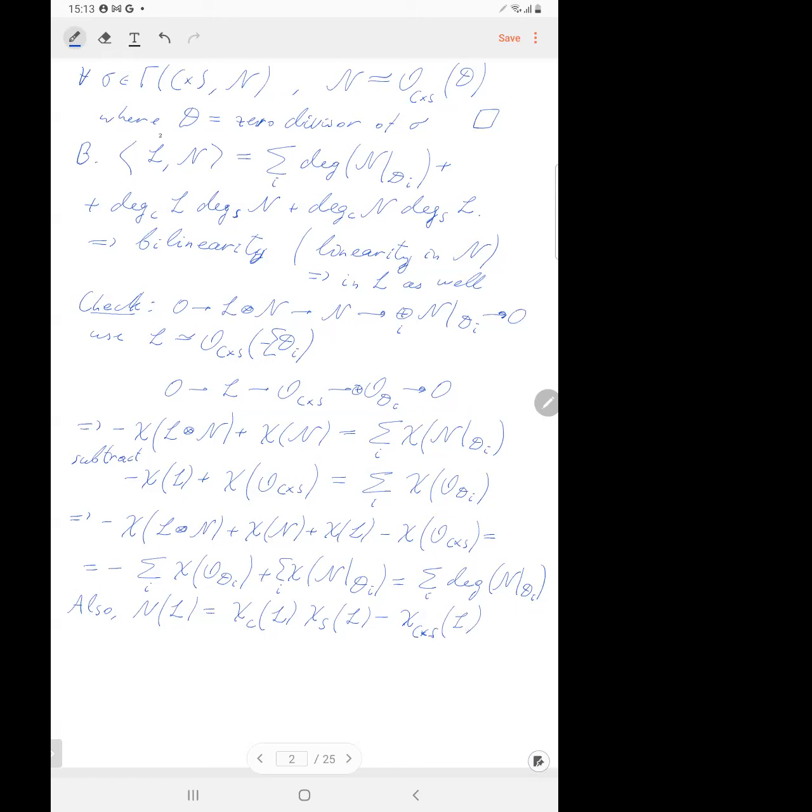When I wrote just chi, I meant chi on this surface, C times S. Okay, so what we computed was some part of what we needed, right?